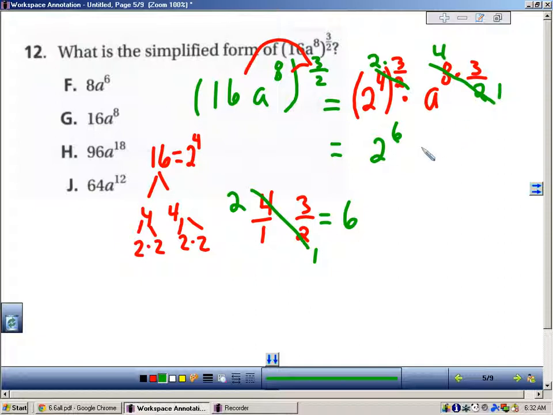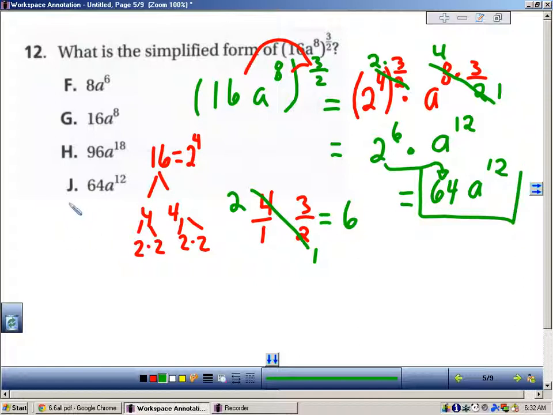This is a to the 12. And so 2 times 2 times 2 times 2 times 2 times 2 is going to be 64. So my answer is 64 a to the 12. And again, 2 to the 6th power is 64. Check it out. So that's my answer, and we can see that my answer here is J.